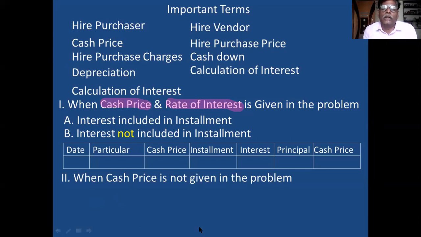Everything else is there, except cash price. Rate of interest is there, installments are there, depreciation is there. But cash price is not. If the cash price is not in the problem, then you apply the second method.